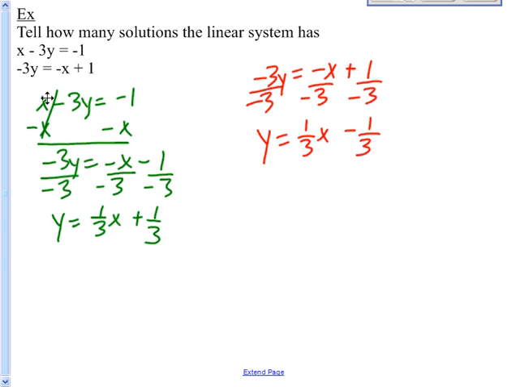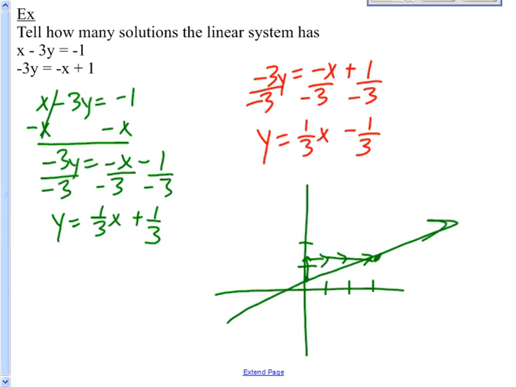Okay, so this green one has a y-intercept of 1/3, and then it's up 1, right 3. Okay, so it's got the slope of 1/3, and you notice this red one is down 1/3 as your y-intercept, and then it's up 1 and right 3.